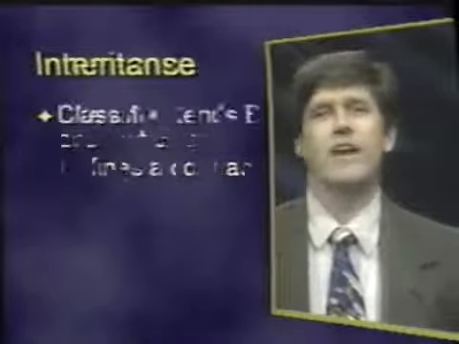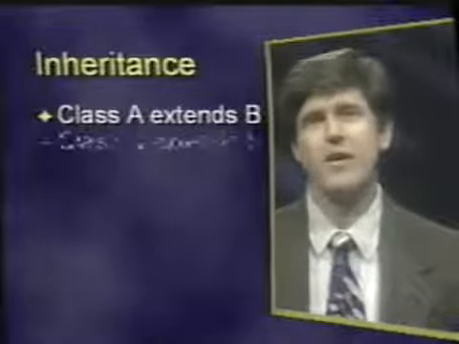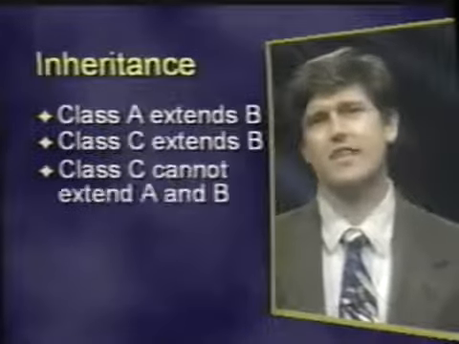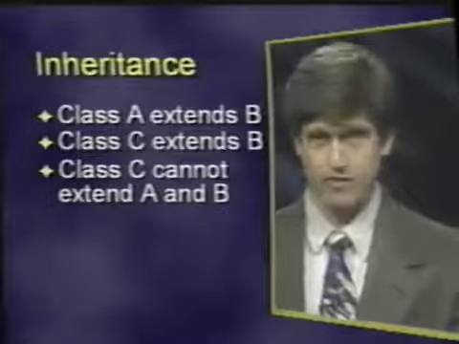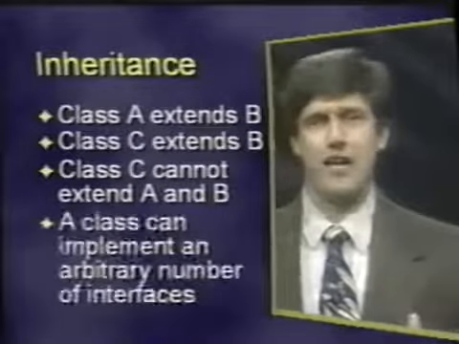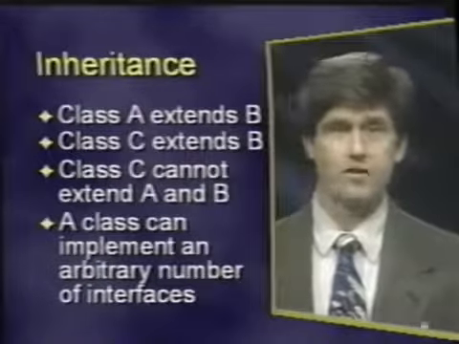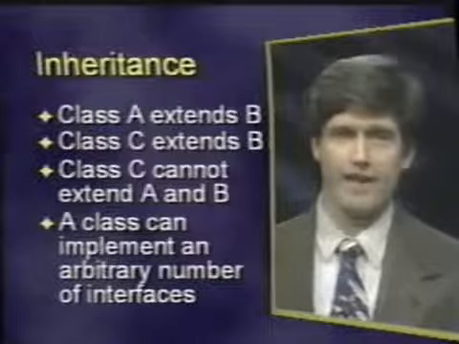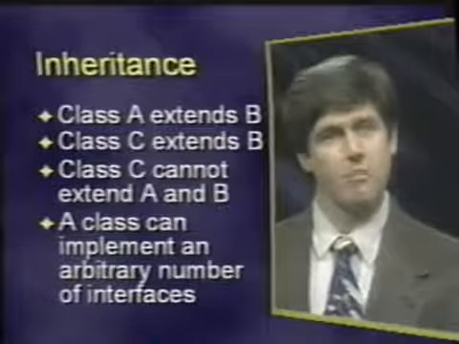In other words, you can have a class A that extends B, and you can have a class C that extends B, but you can't have a class C that extends both A and B. It has to do it in a linear progression. But any class can implement an arbitrary number of interfaces, which are these contracts. So you have a well-defined set of interfaces, so you know how to interact with these objects that implement these interfaces.